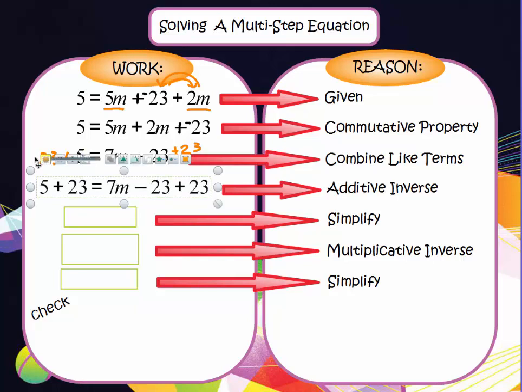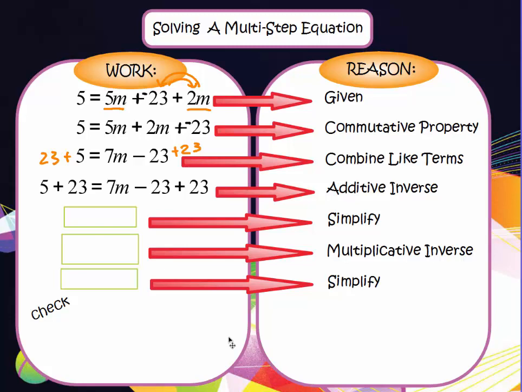So here we see that now I've applied the additive inverse. Now let's simplify that. The minus 23 plus 23 is going to become 0, which is perfect because that's what an additive inverse is supposed to do. And 5 plus 23 is 28. So I'm left with 28 equals 7m.